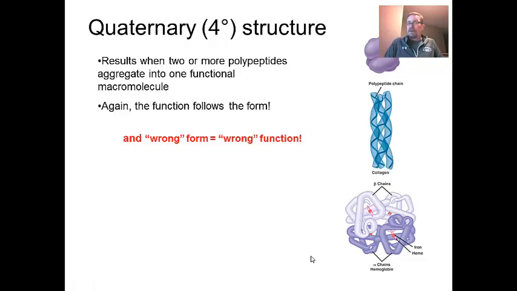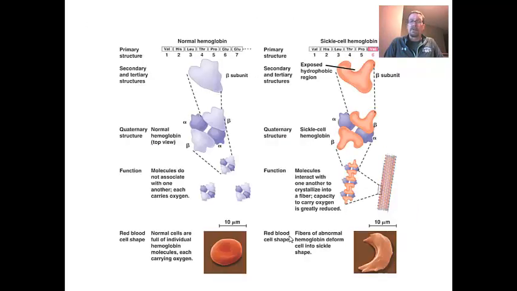Structure follows function, function follows structure. In anatomy, we call that the principle of complementarity. If something goes wrong in any step along the way, then you won't get the right function. One change in the amino acid of the protein structure can cause sickle cell anemia in red blood cells and causes a sickle shape, so the red blood cell is not the normal shape.